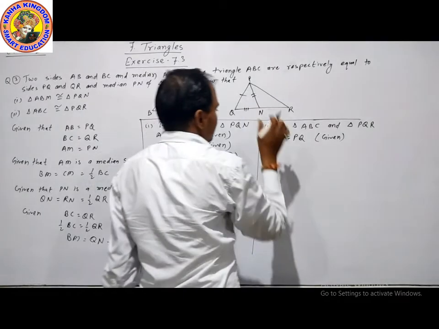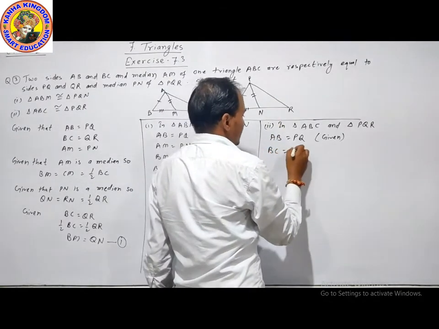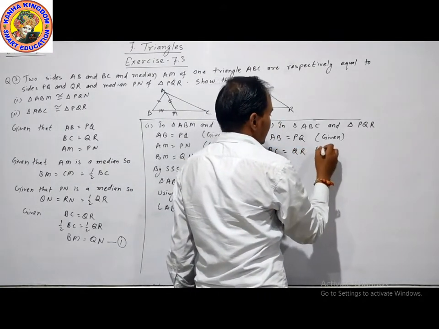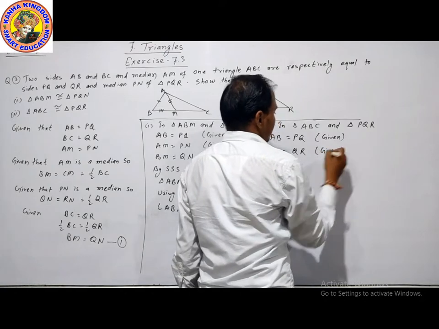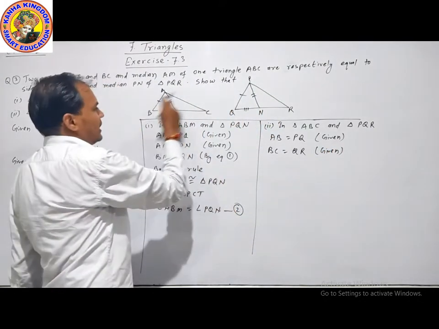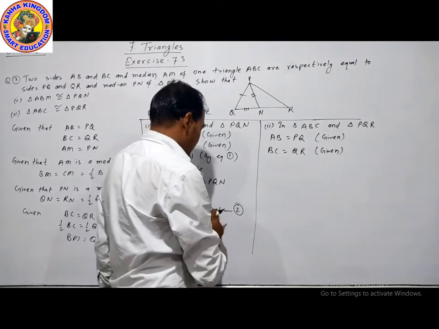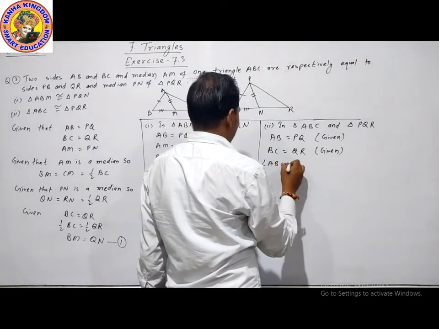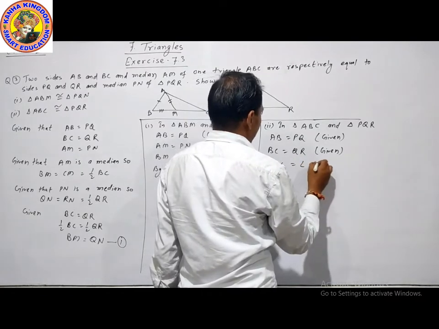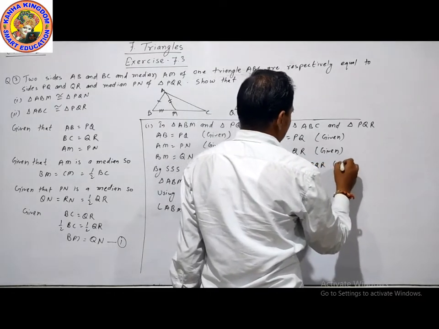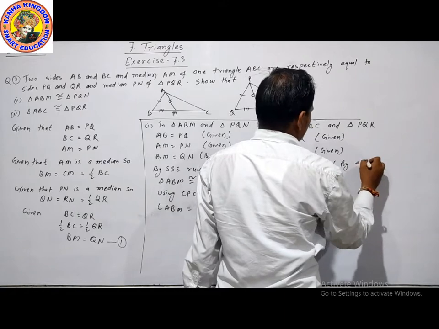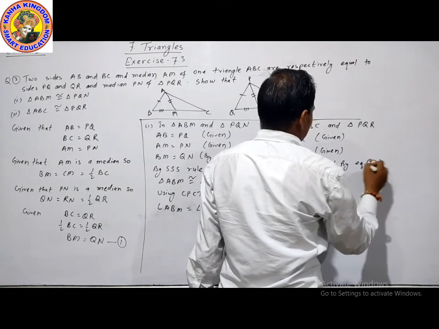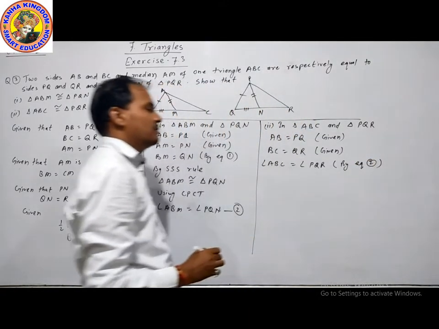BC and QR are equal, which is given in our question. Now angle B and angle Q are equal by equation number second. Angle ABC is equal to angle PQR by equation number 2.